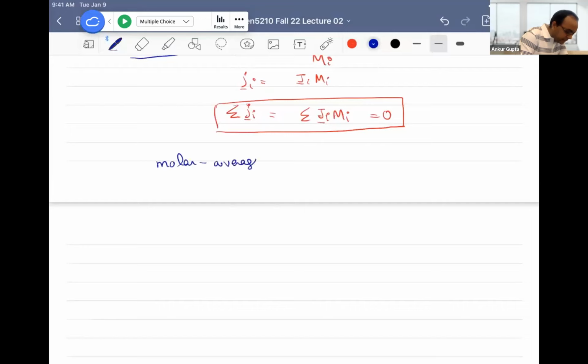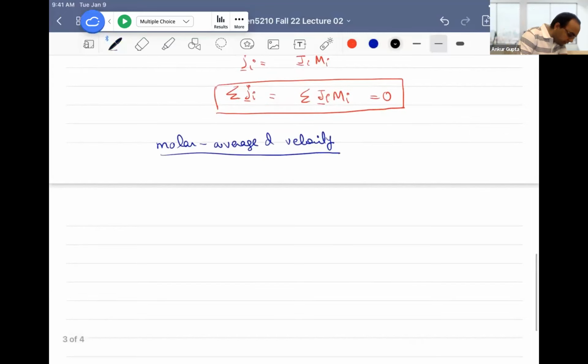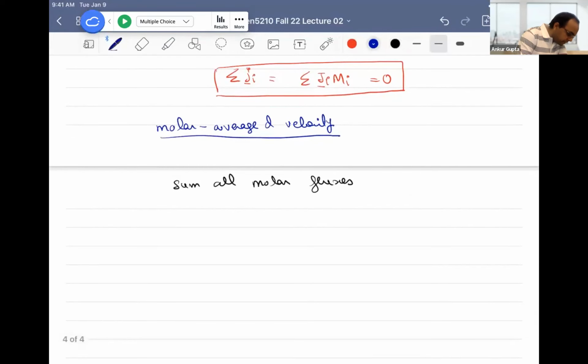Molar average velocity. So what is the molar average velocity? We'll sum all the molar fluxes, the summation of capital Ni.